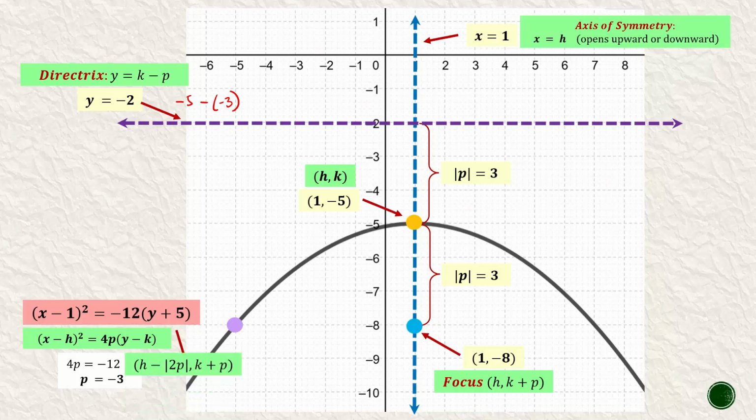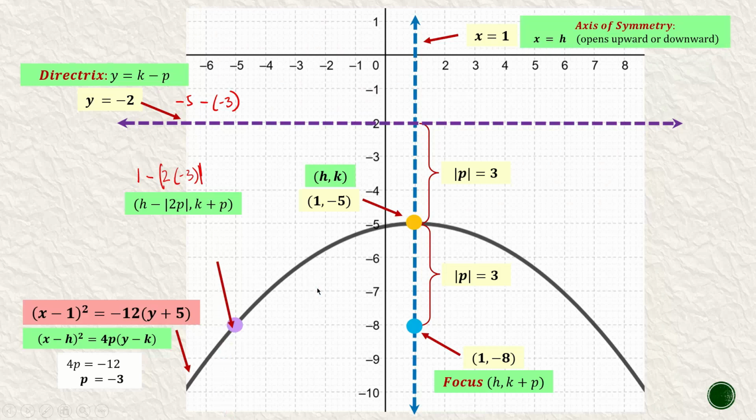If we want to know the formula, it will be h minus the absolute value of 2p, and then k plus p, again the same as the y coordinate of our focus. So here, h is 1 minus the absolute value of 2 times negative 3, so that would be 6. 1 minus 6 is equal to negative 5. So negative 5 and negative 8.